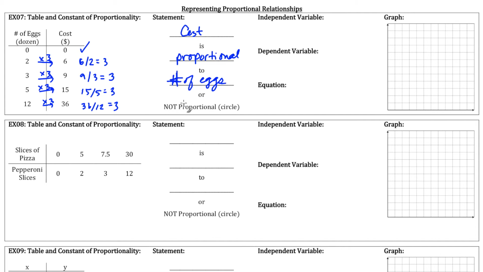And the cost, once again, is the topic, so that's our dependent variable. And we measure that in dollars, I presume. Yeah, dollars. Our independent variable, which will determine how much our cost is, is E, which is the number of eggs. And it looks like these are measured in dozens.